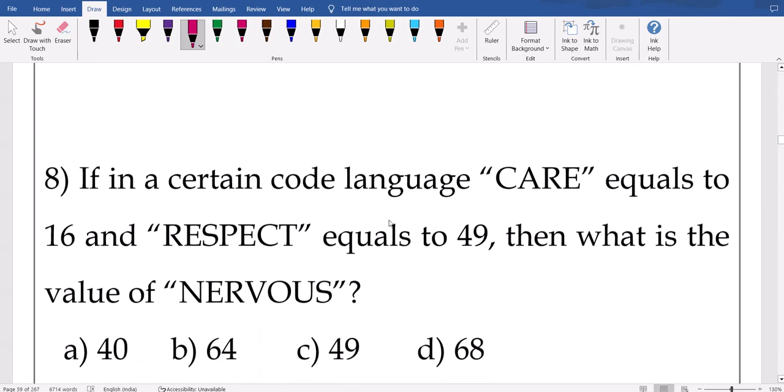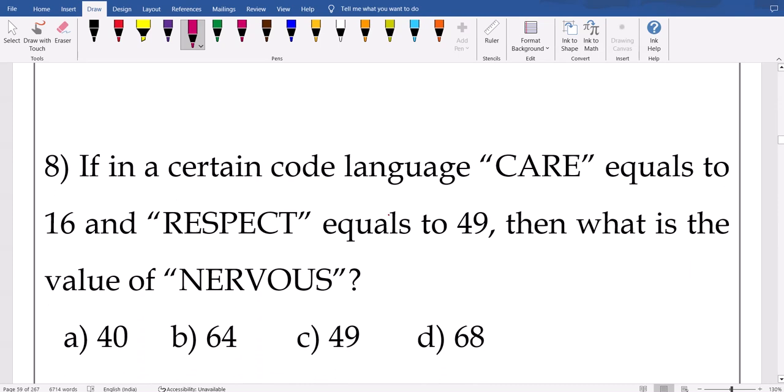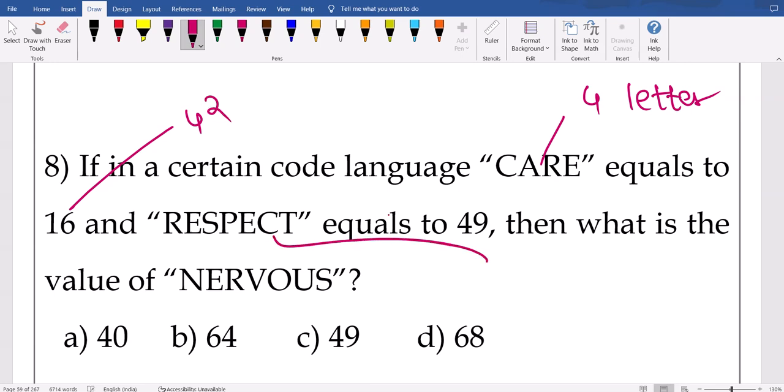Pretty much similar to this, we discussed one question related to cube. Here there are 4 letters and the logic here is 4 square. And here we have 7 letters, 7 square. So the number of letters is also what they are giving. So here what is the answer? 49.